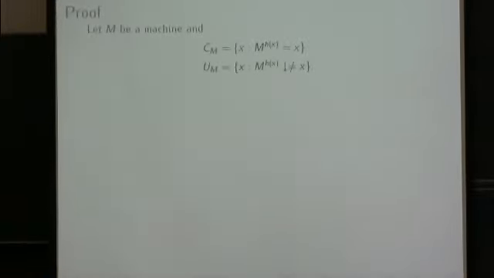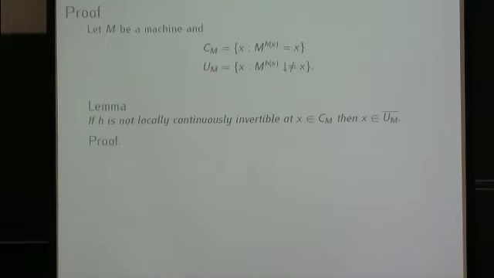So this is a property that you can semi-decide, which means that this is an effective open set. And if h is not continuously invertible at x, then x must be in the boundary of this set.